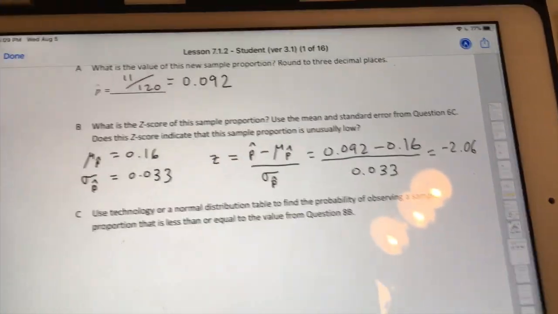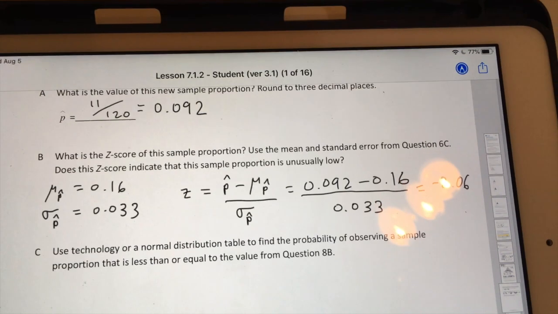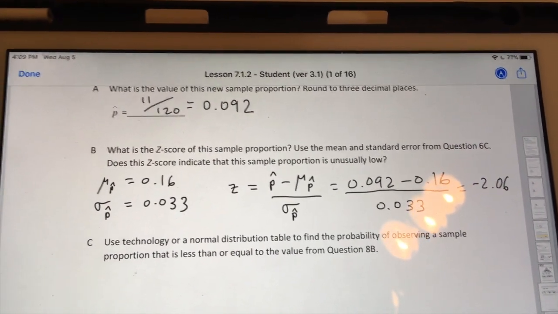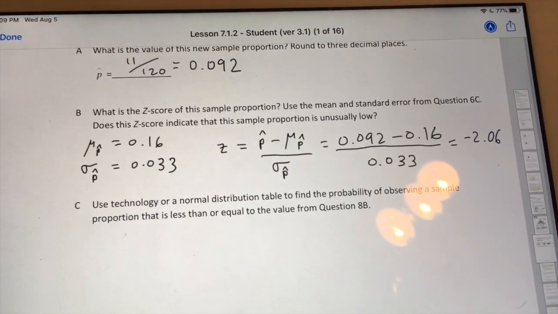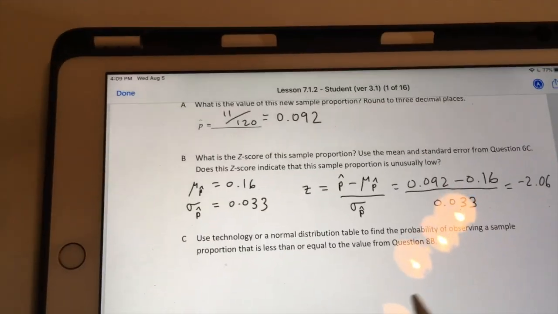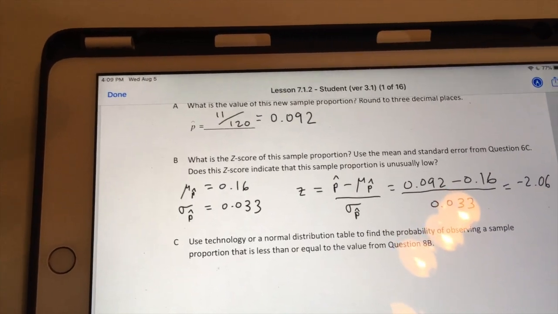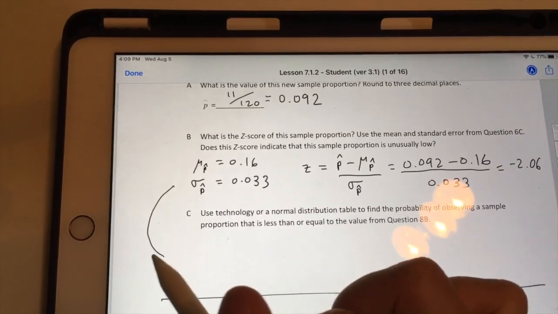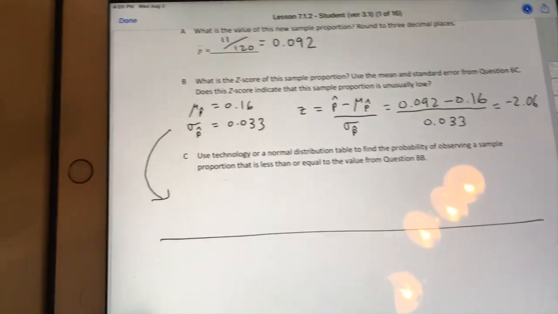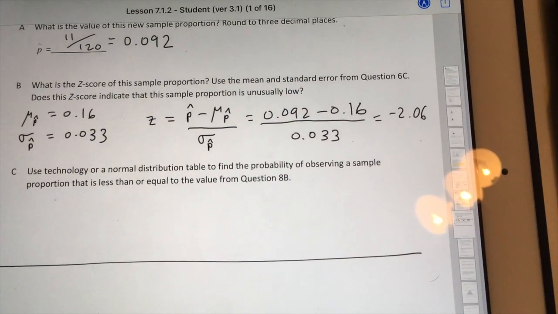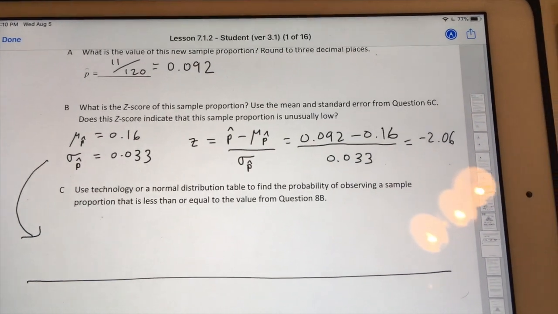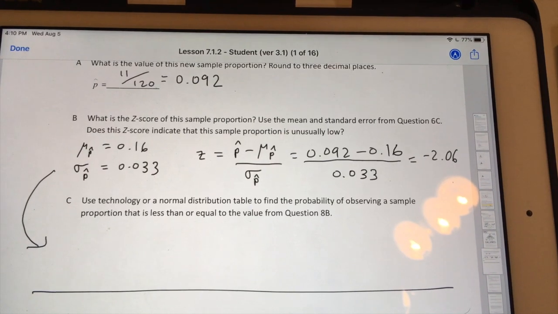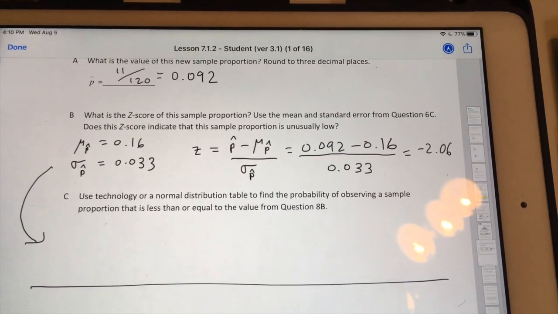This next question is actually part B of that question. It says, does this z-score indicate that the sample proportion is unusually low? I'm a little out of space here, so I'm going to put my answer here as a continuation. What do you guys think? Is that value unusually low? Remember what a z-score tells you. It tells us how many standard deviations above or below the mean something is.